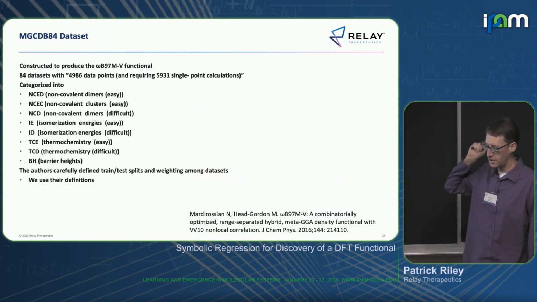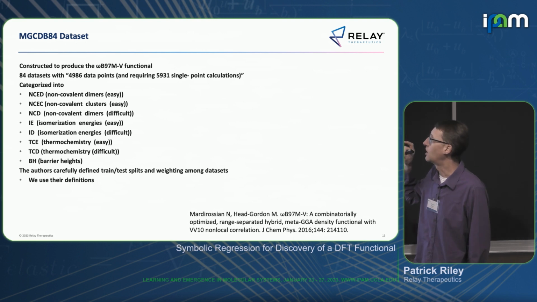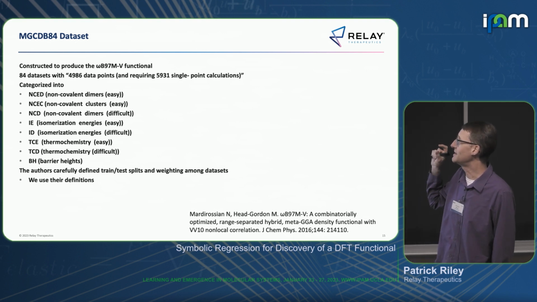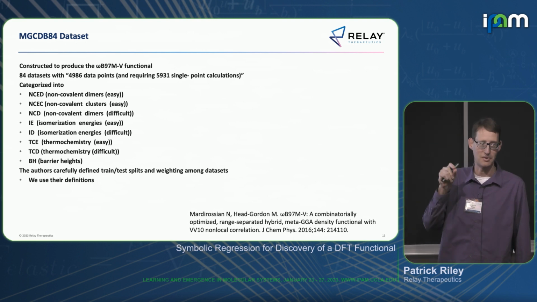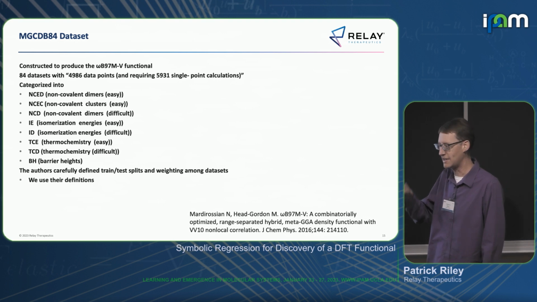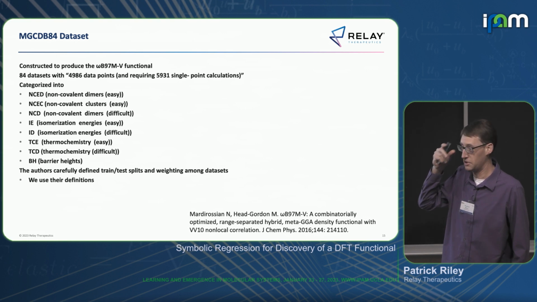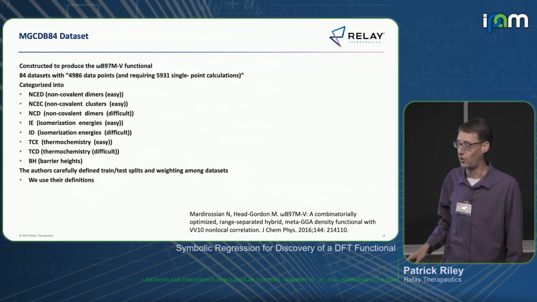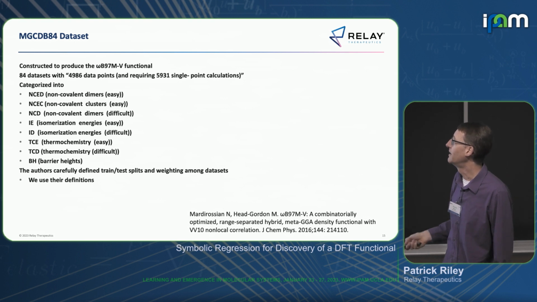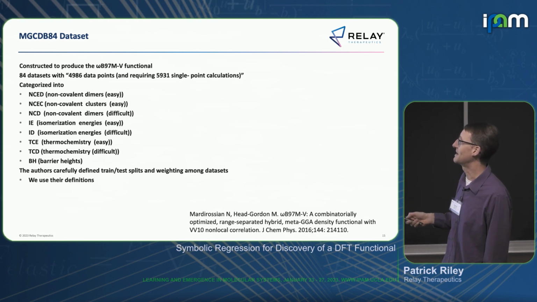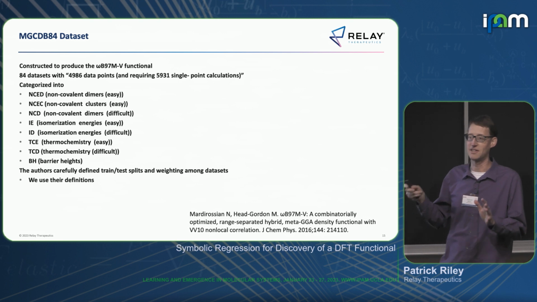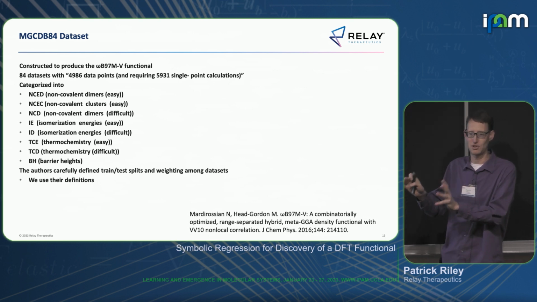So we did all of this on this thing called the MGCDB84 dataset, which is the dataset that was used to create the ωB97 family of functionals. They did a lot of really good curation work to get 84 separate data sets with about 5,000 data points of what a functional should be able to produce.